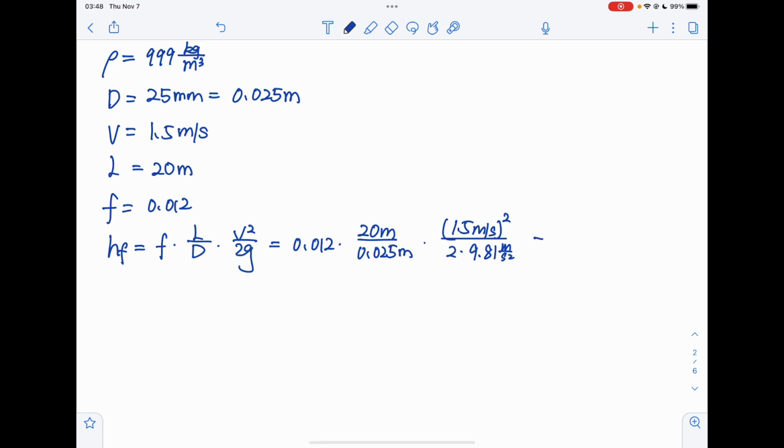So the friction loss is going to be 1.1 meters.